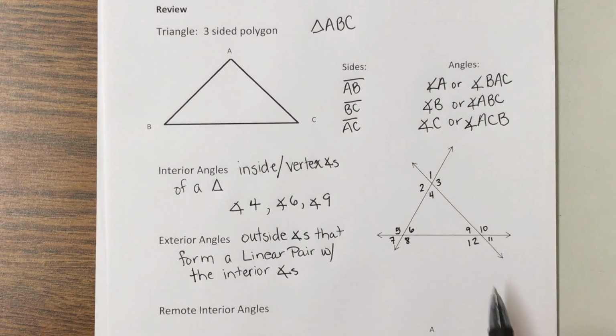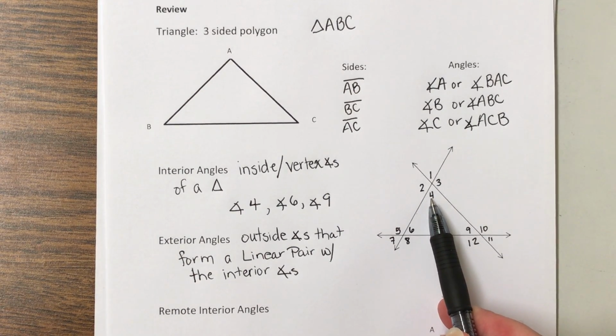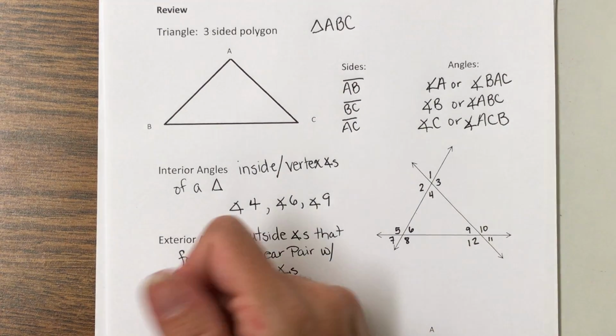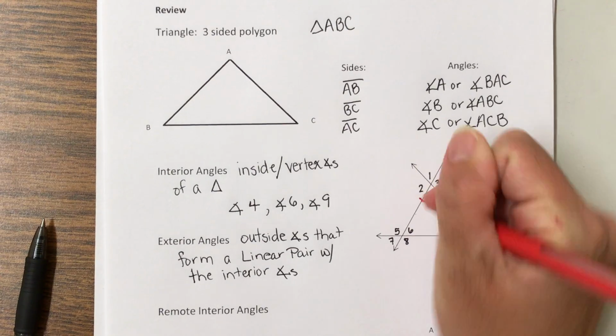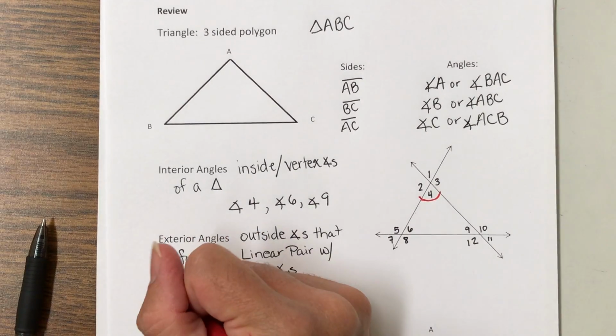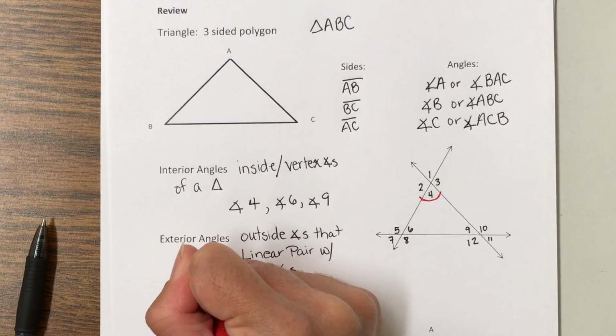So in this picture, let's say angle 4. Well, what angle forms a linear pair with angle 4? That would be angle 2 and angle 3. So my exterior angles would be angle 2 and angle 3.